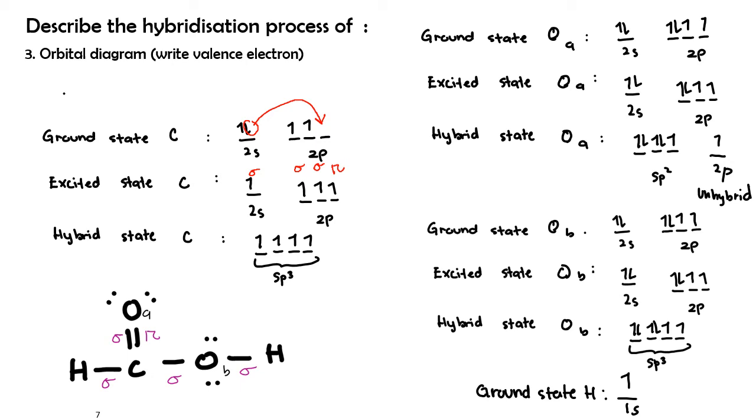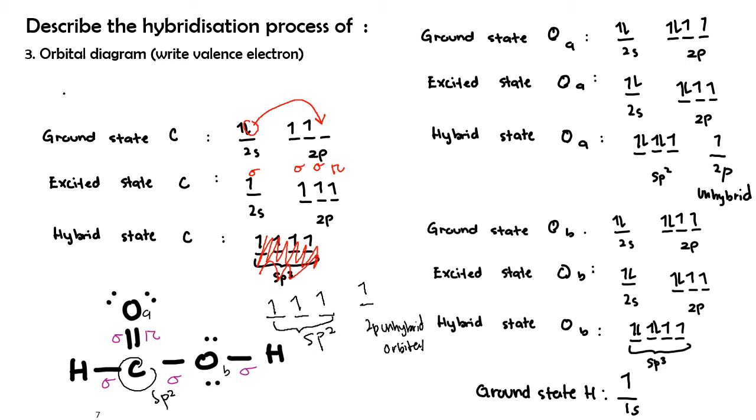So this will become sp2 because we predict this carbon to be sp2 hybrid. So 3 sigma bonds, 3 single electrons, and the extra here will be 1 unhybridized 2p orbital. Okay, so this is for carbon.